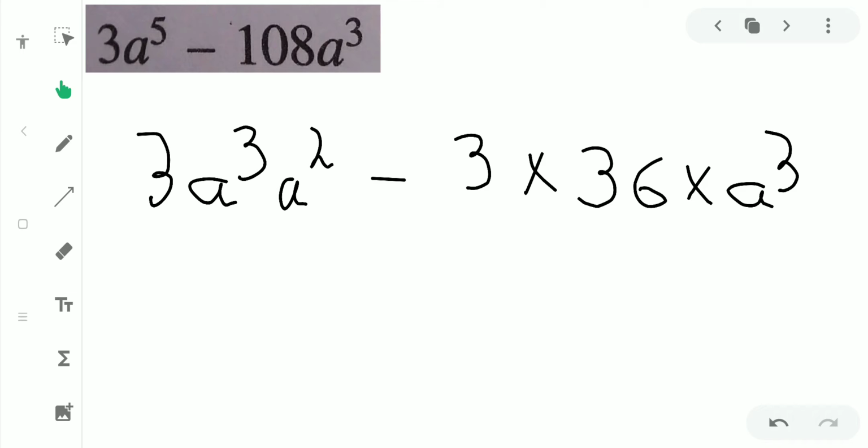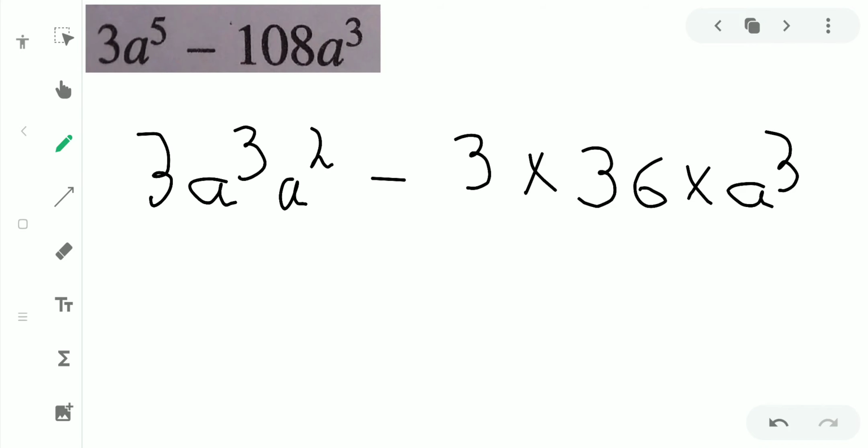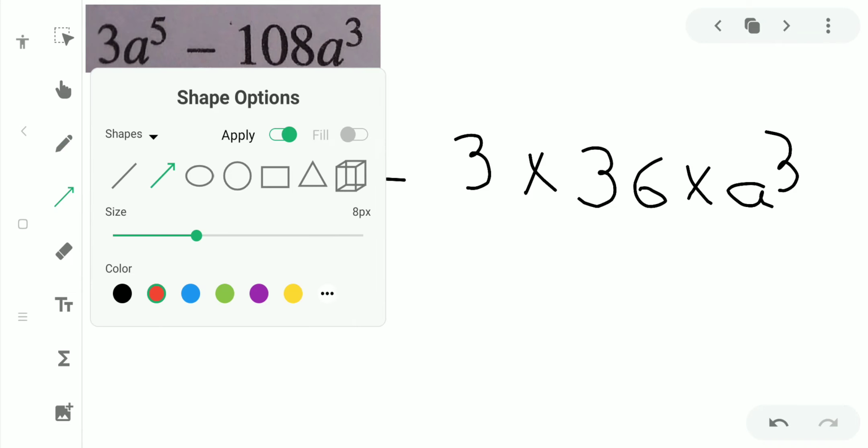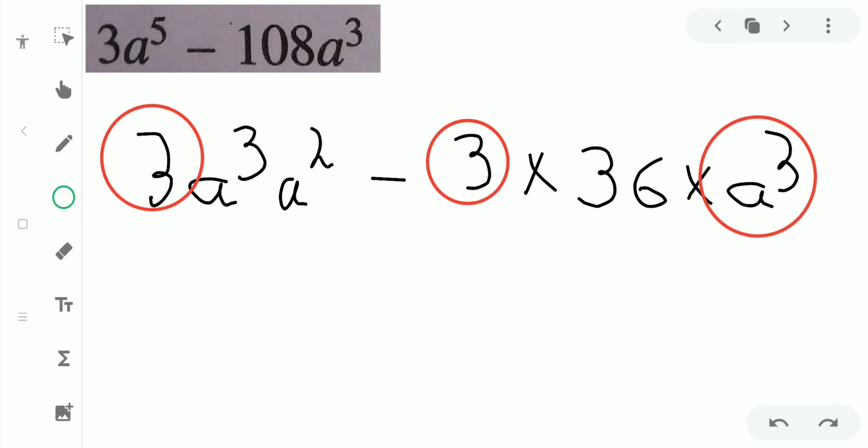So now here I can take 3 common over here, and a cube common.